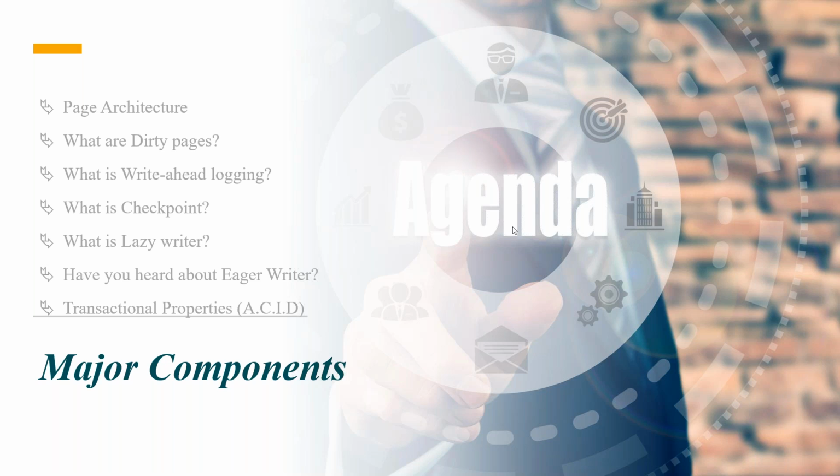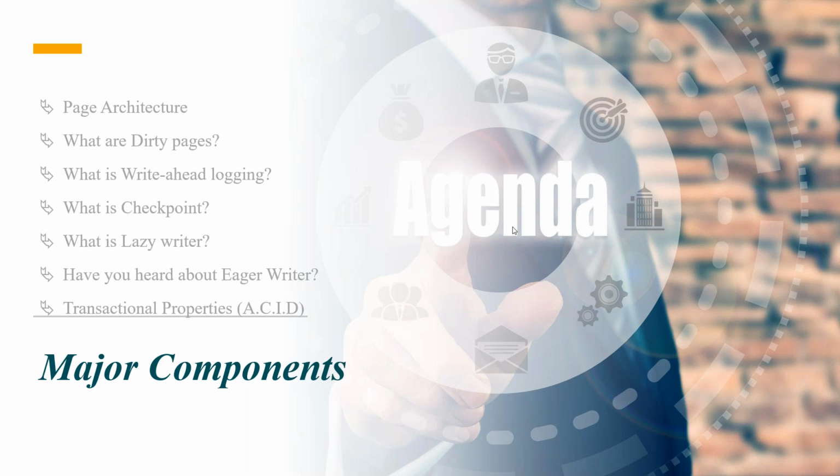Very important concepts are page architecture, extents, dirty page, write-ahead log, checkpoint, lazy writer, eager writer, and ACID properties. All are very important to understand, and they are deep to learn, because throughout our entire SQL career, these internal operations keep performing at the SQL level.